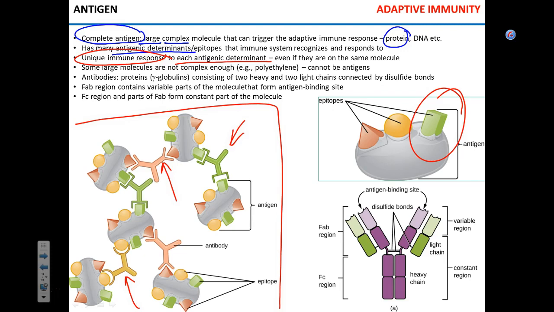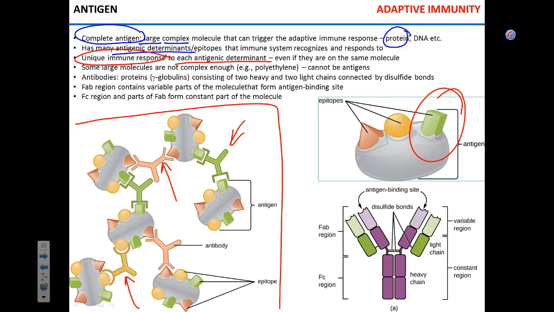What it means is, let me put it in the perspective of human infection. When you get infected with flu, say you didn't get a vaccine, your immune system produces a variety of antibodies that target a bunch of different antigenic determinants found on different proteins of the flu virus.